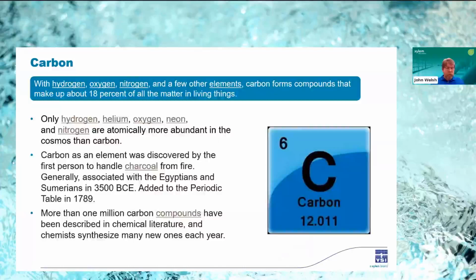In the universe, only hydrogen, helium, oxygen, neon, and nitrogen are more abundant than carbon. No one really knows when carbon was discovered, but we could attribute that to the first person who ever handled charcoal from a fire. And that was probably a very, very long time ago.